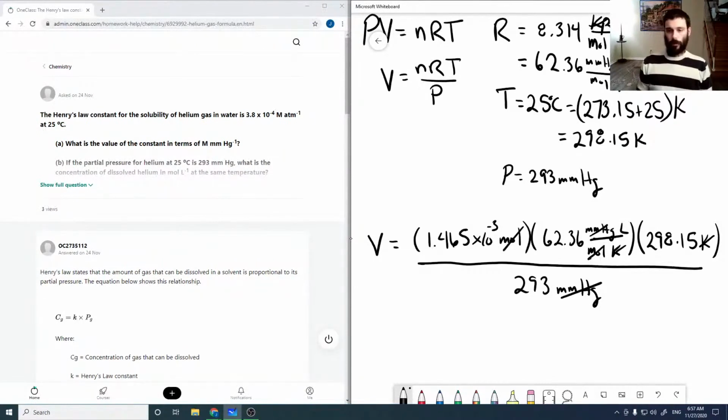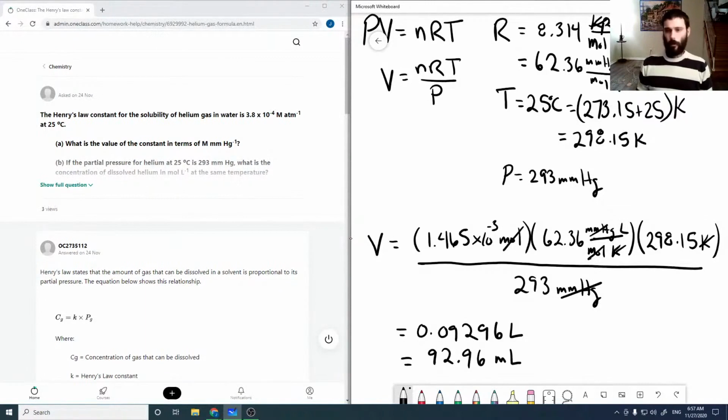If we run this through on our calculator, we get 0.09296 liters, which equals 92.96 milliliters.